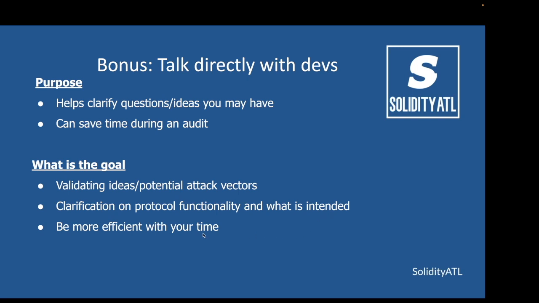And the third point there is you're more efficient with your time. By asking developers questions and keeping engaged with them versus spending hours alone trying to figure out the answer to a question, you may be able to save yourself a lot of time to focus on other areas of the code. So it's very important to have a path of communication with developers.